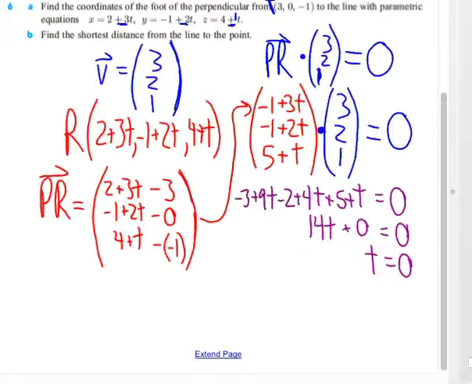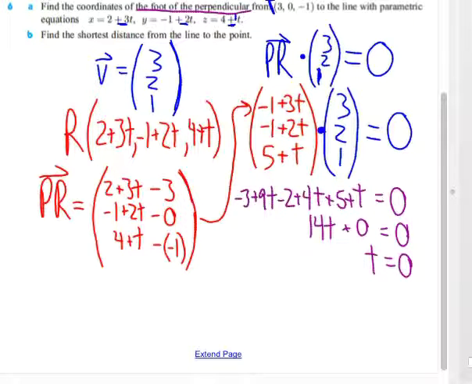That means that the starting point for our line was actually the closest it ever was. So when we happened to look at this thing moving along and we started the timer at time 0, that was the moment it was actually the closest to us. Alright? So that's going to be the foot of the perpendicular.